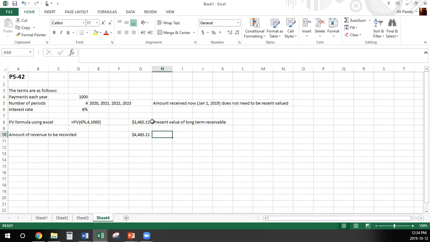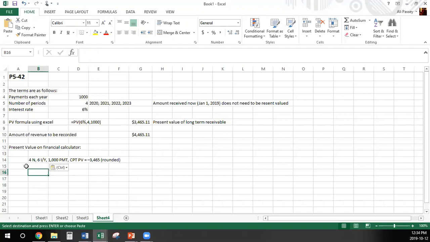So if you're trying to do the present value formula on your, I think it's like BA II Plus financial calculators, there is a formula that you can use, which you can probably also Google.